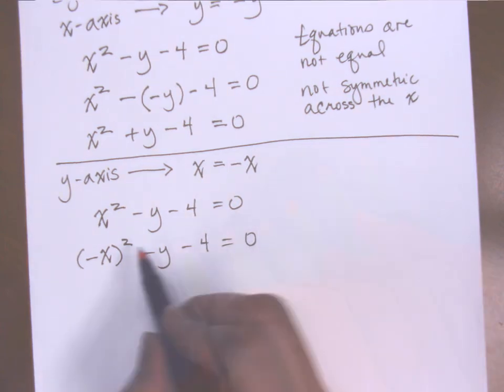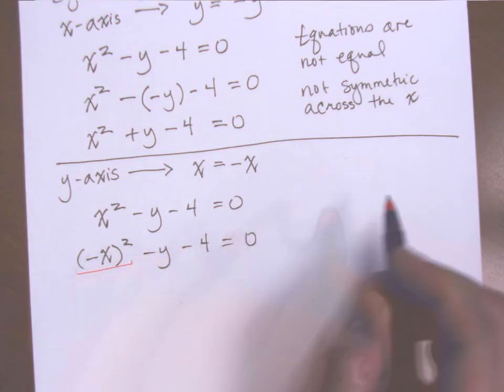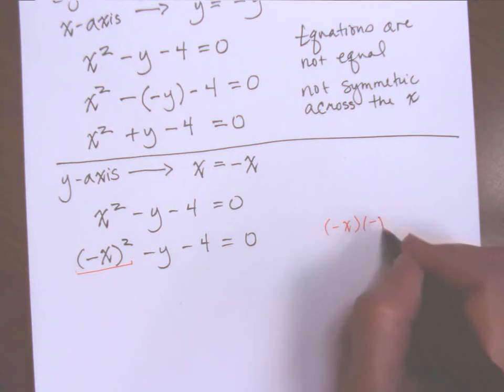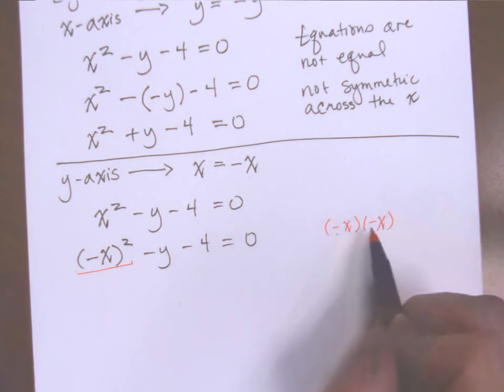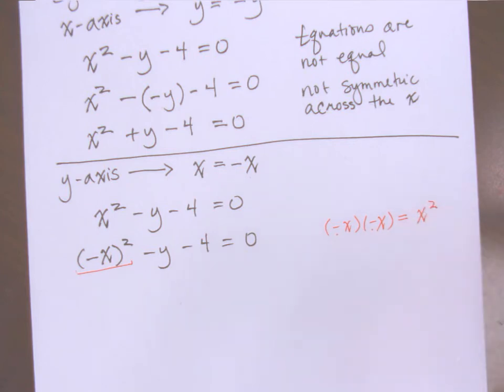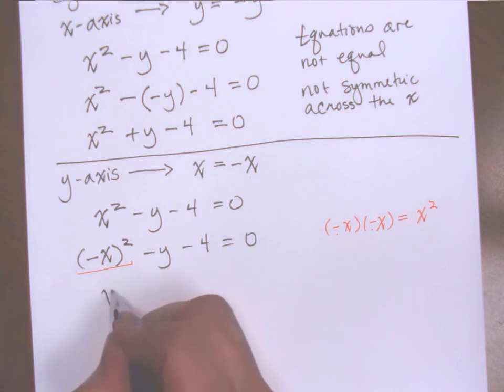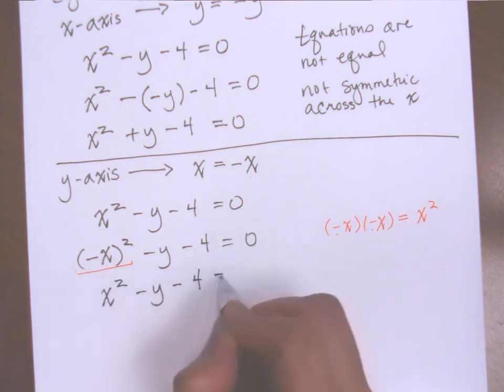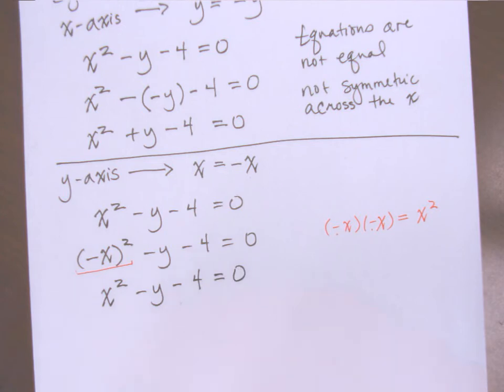Remember that this really means negative x times negative x, and negative x times negative x is positive x squared. So when I simplify, I have x squared minus y minus 4 equals 0.